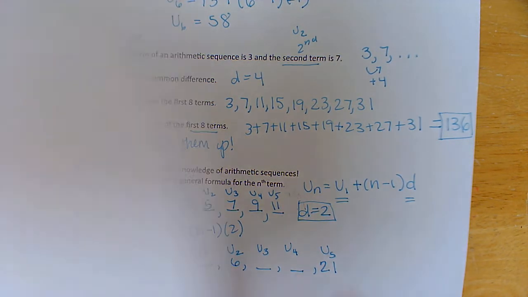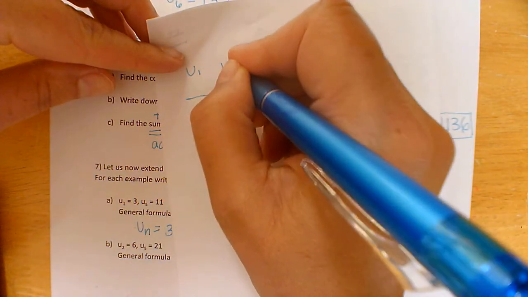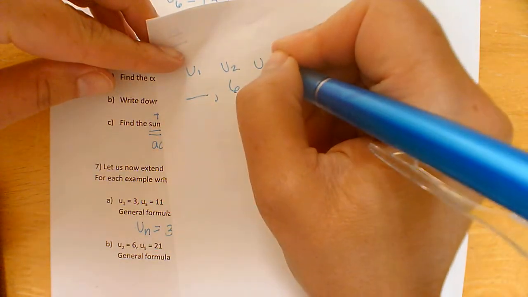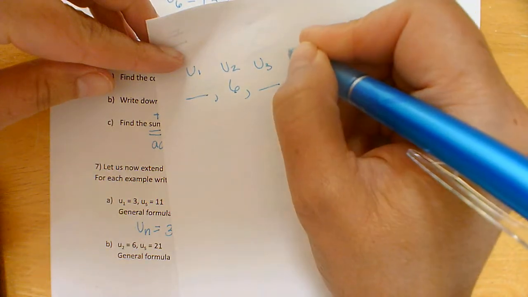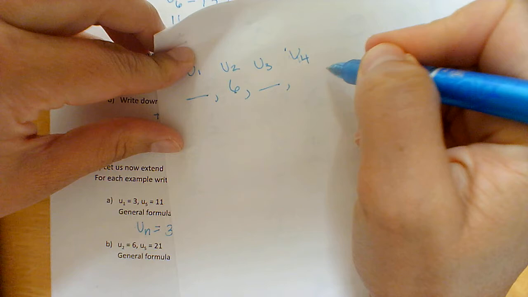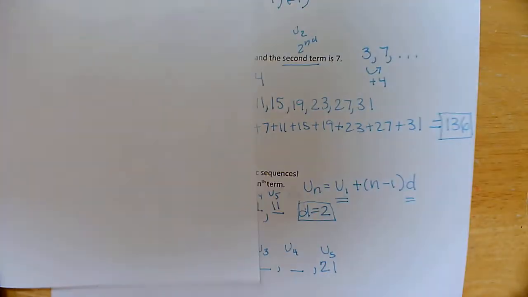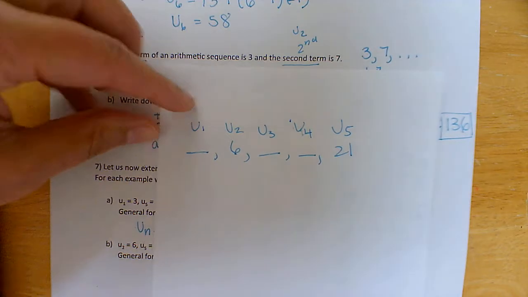Okay, so let's see. It looks like this. U sub 1, blank. U sub 2, 6. U sub 3, blank. U sub 4, blank. And u sub 5 is 21. Am I correct? Yep. Awesome. All right.